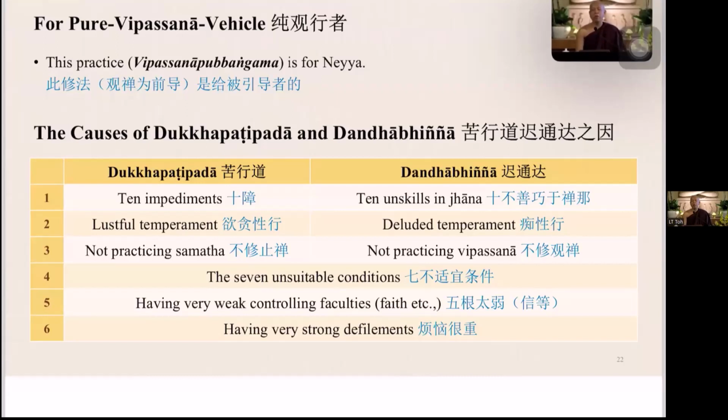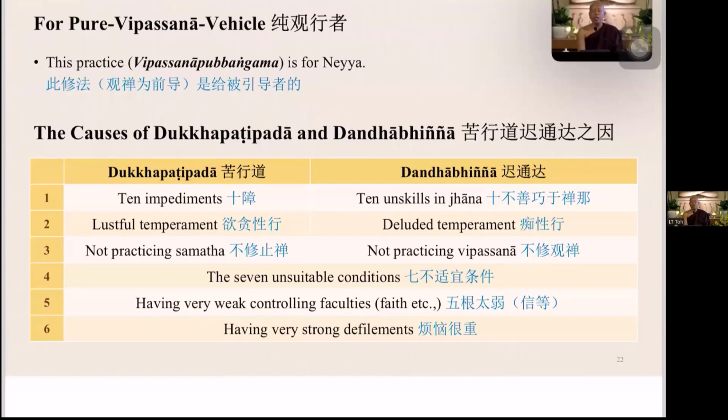Now, for neya, they are dukkha paṭipadā dandhābhiññā. Dukkha paṭipadā dandhābhiññā means they have very many difficulties to achieve or to access concentration. After attaining access concentration also, they encounter many difficulties to attain jhana or to attain path and fruition knowledge. So that means this is called dukkha paṭipadā dandhābhiññā.